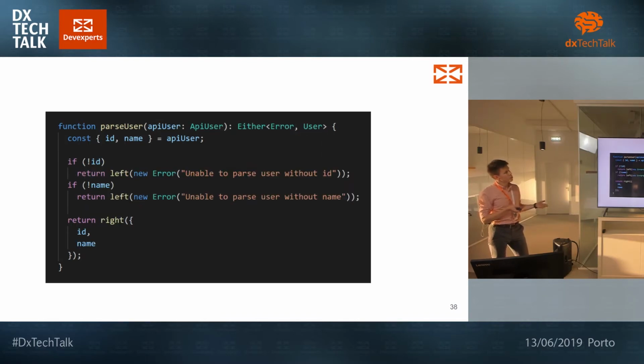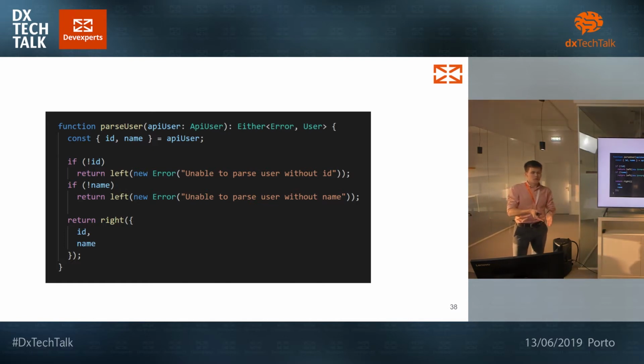What changed? The return type of the function is now either error or user, and type constructors. If we previously had none, we now have left, and we put some error inside of this left, right? So yes, left and right are type constructors for our either data type.